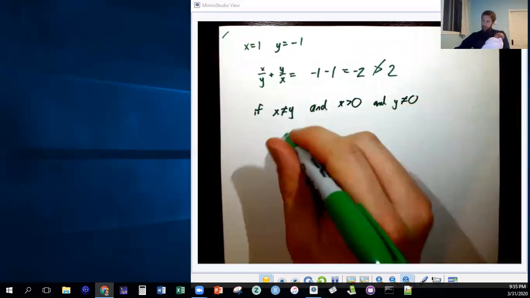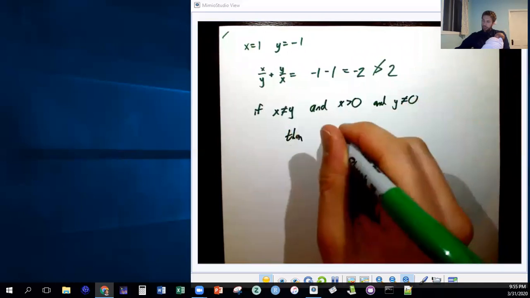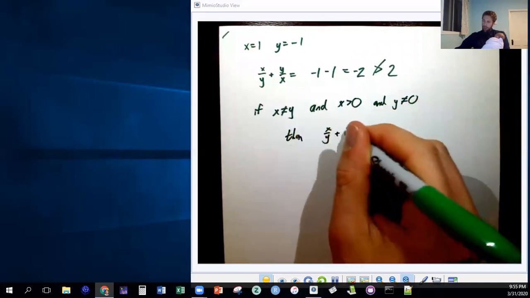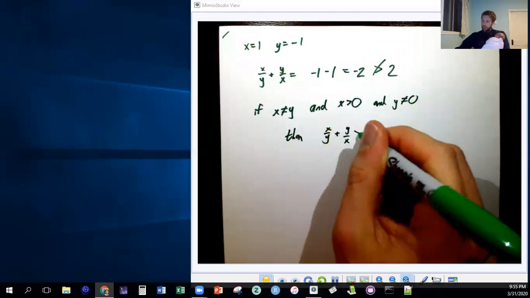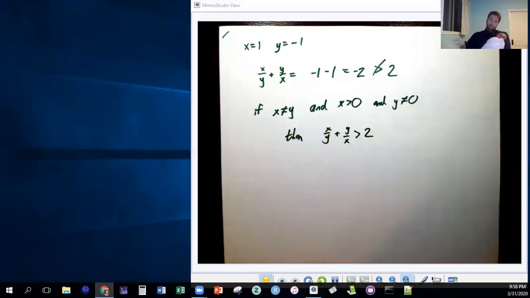then x over y plus y over x is greater than 2. So let's see here. I want to prove this by contradiction.